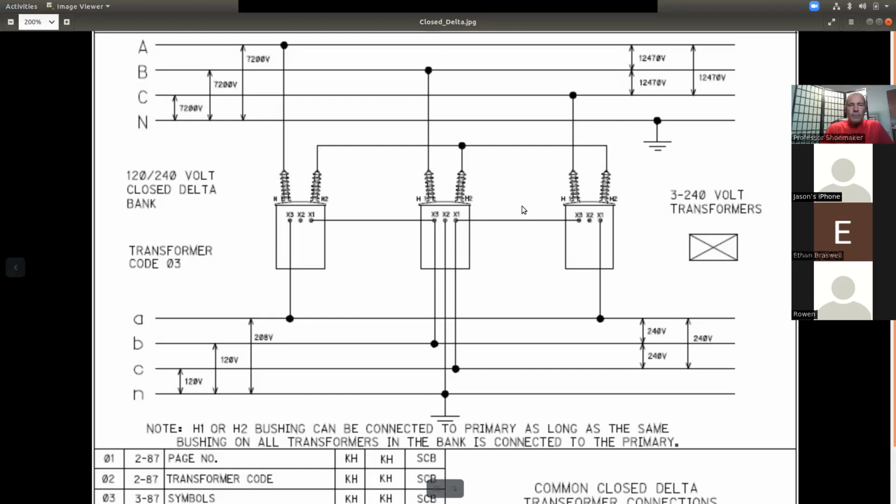All right. Let's go ahead and start. I like to start with the center transformer. What do we call this? Lighting or power? Lighting. Now, in open delta, this is our power transformer. We're adding another power transformer.